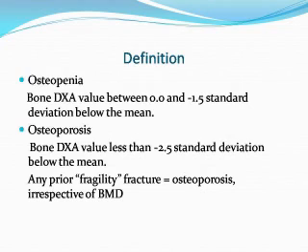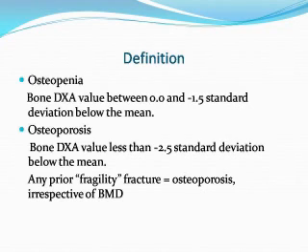Osteopenia is an earlier stage of osteoporosis, defined as a bone DEXA value between 0 and minus 1.5 standard deviations below the mean, while osteoporosis is defined as a bone DEXA value less than minus 2.5 standard deviations below the mean.